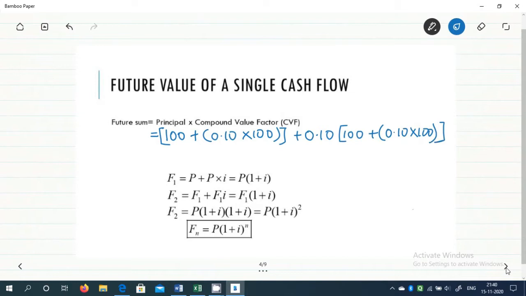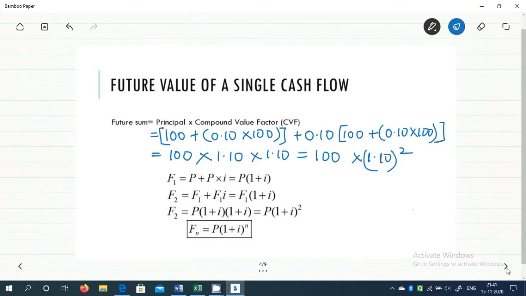So it becomes 100 multiplied by 1.10 into 1.10, or as a formula, 100 into 1.10 to the power 2.